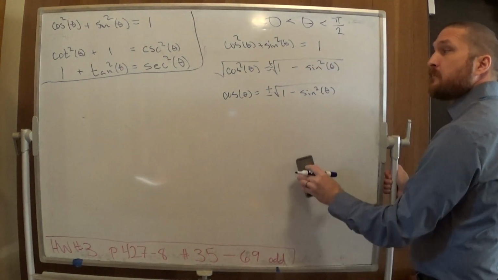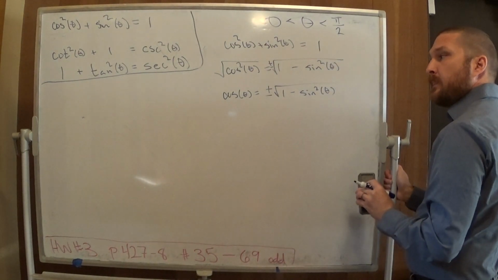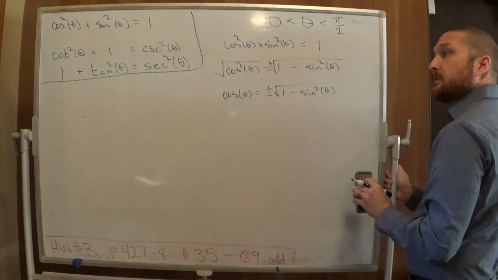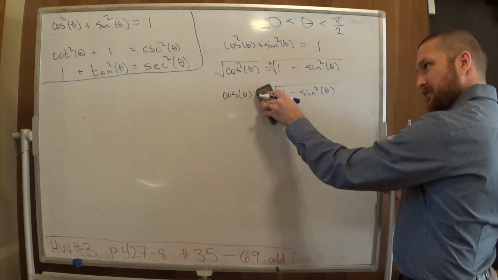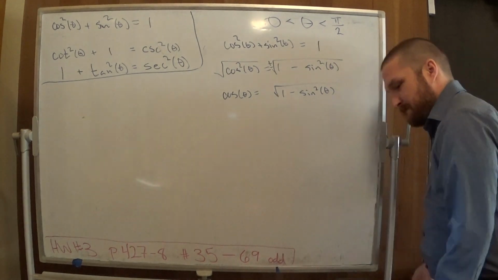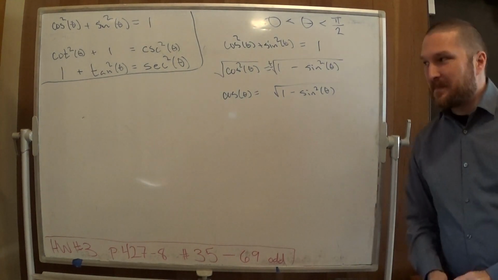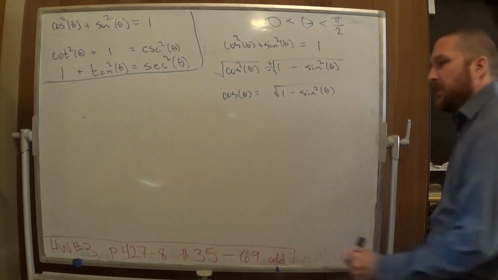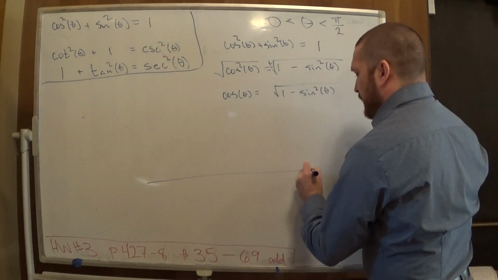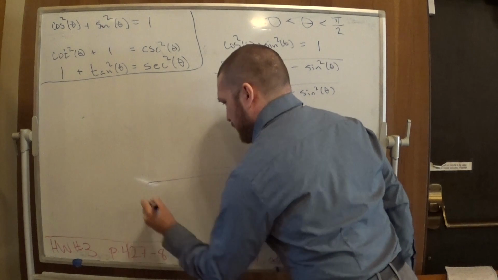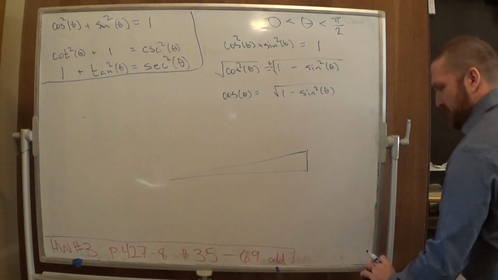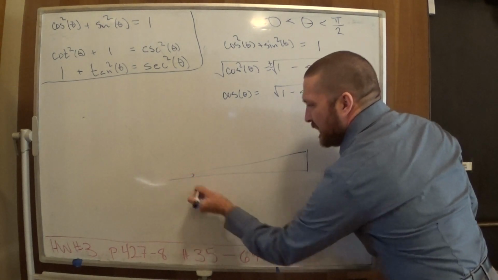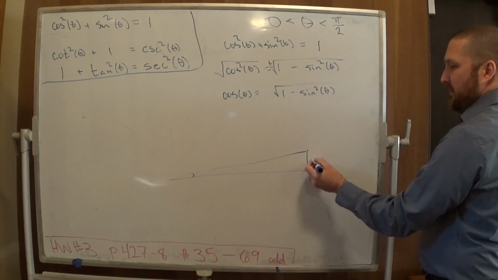Also, wait, 1 has to be bigger than sine squared theta? It will always be. Because if you think about it, take your favorite triangle. This is some number, call it 1.